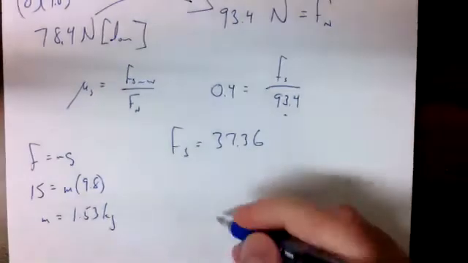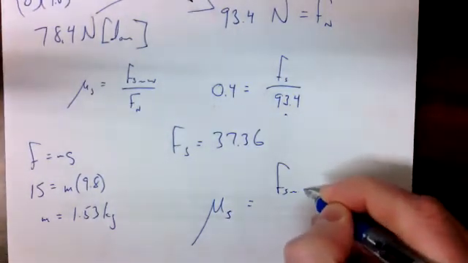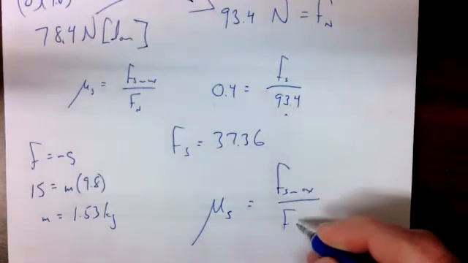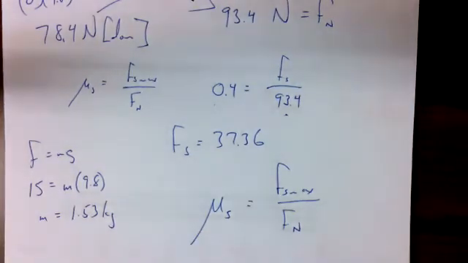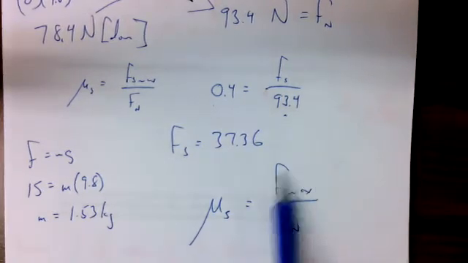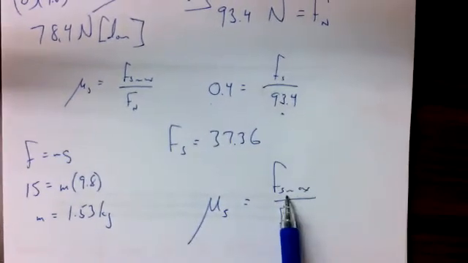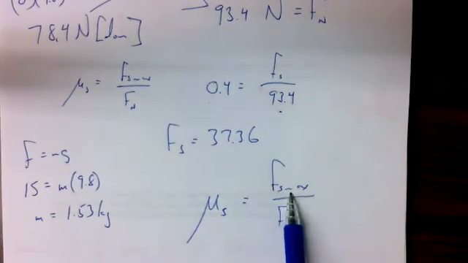So if we say mu s equals fs max over fn, this fs max is the maximum amount of static force being used to stop something from moving.